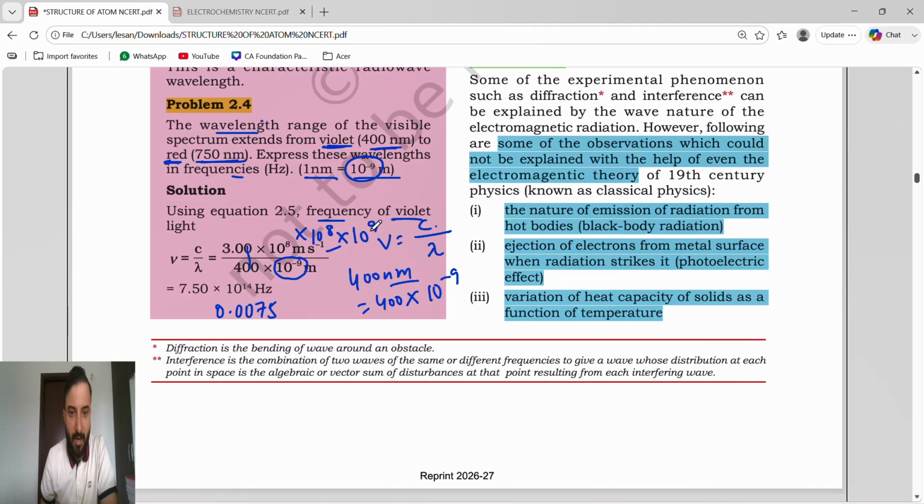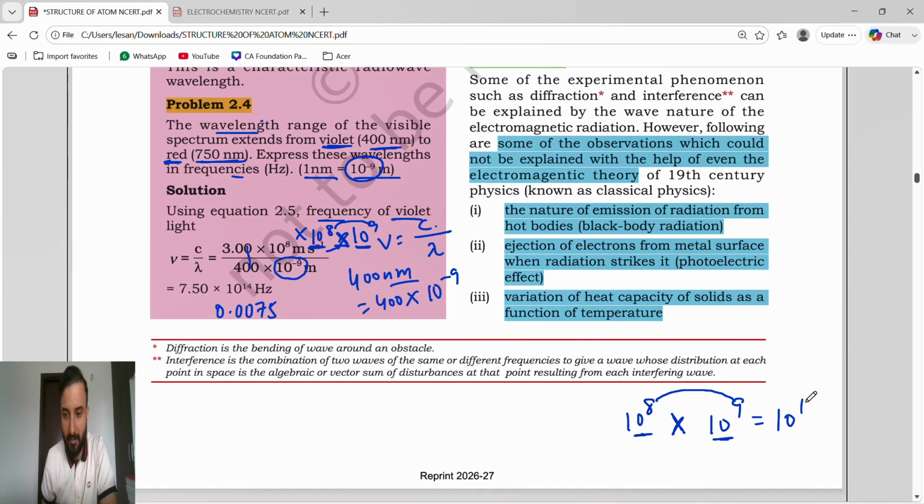So 10 to the power of 8 into 10 to the power of 9. Guys, in earlier class you have studied that when bases are same and it is multiplied, the powers get added.